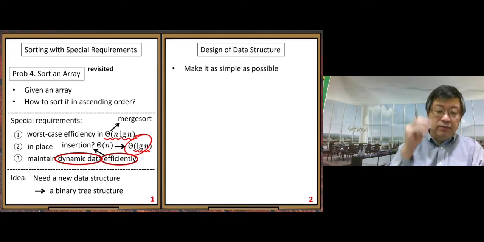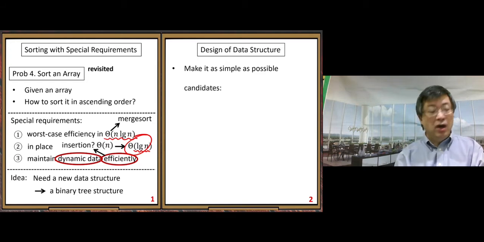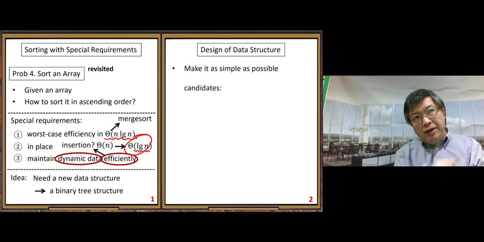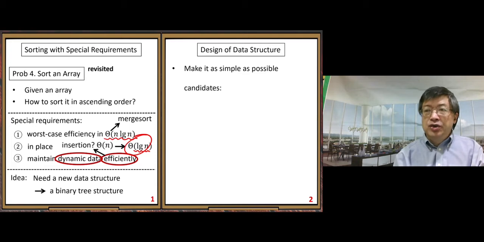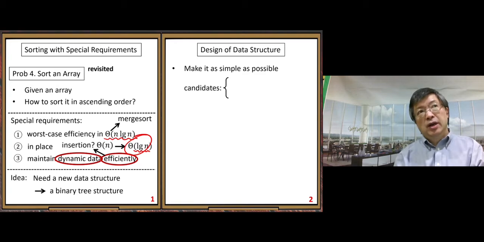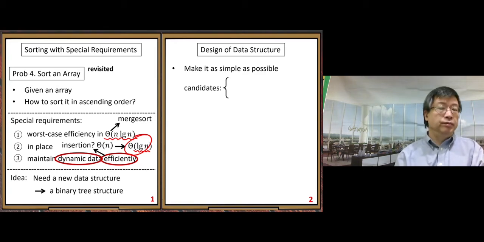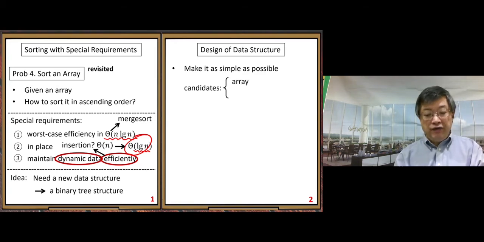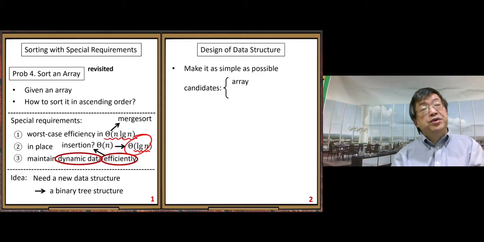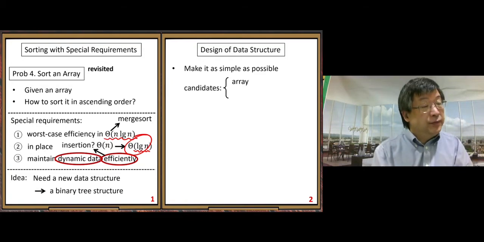Here, let's look at the candidates. What are the candidates we can consider to choose this data structure at this point? Here I want to compare two candidates. The first one, array, because we are very familiar with the array. Most of the time we use array to store our data.